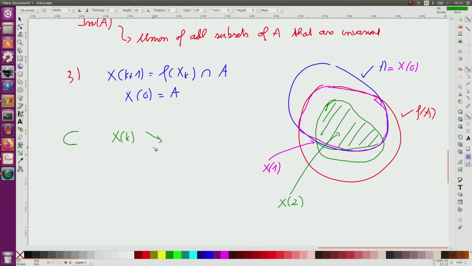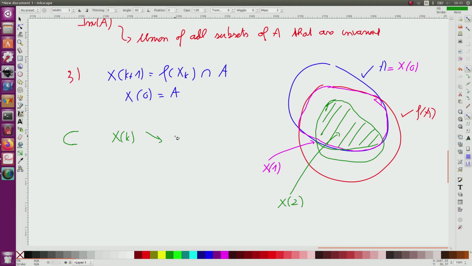As a consequence, since there exists a smallest element in the set of subsets of Rn, then it will converge. So I think it's quite intuitive, but it corresponds to the well-known Tarski fixed point theorem. So we'll assume that it is true.